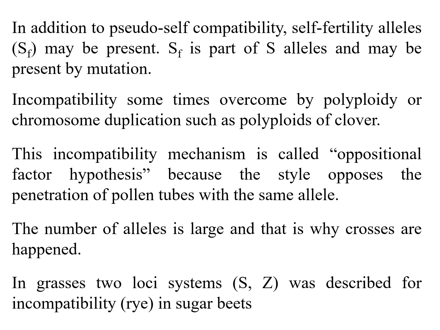One of them is the grasses, and most of the families have one locus responsible, which is the S locus, that is responsible for this type of self-incompatibility, while in grasses we have two loci, S and Z. So we have two different types of alleles that prevent self-fertilization, and this has been described very well in rye and sugar beet.